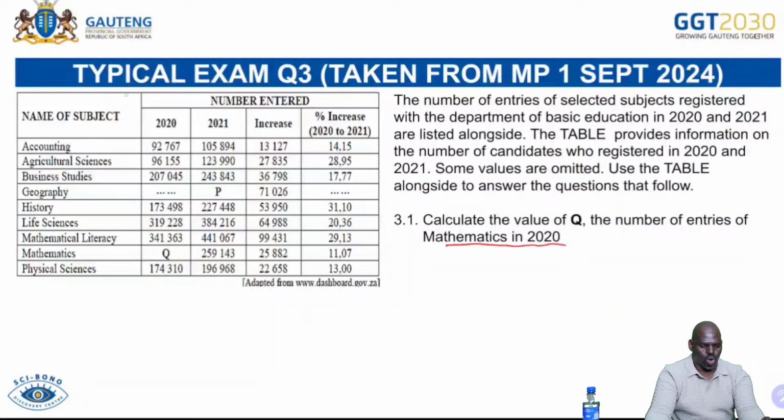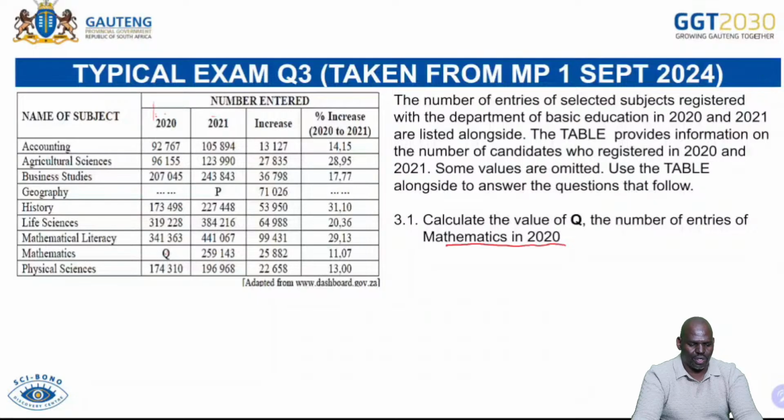Right? If we go to the table, we can see that in 2020, for mathematics, they have indicated the letter Q. So we have to find the value. You can see in 2020, the value is not given.